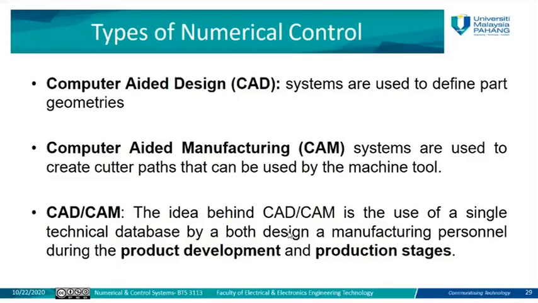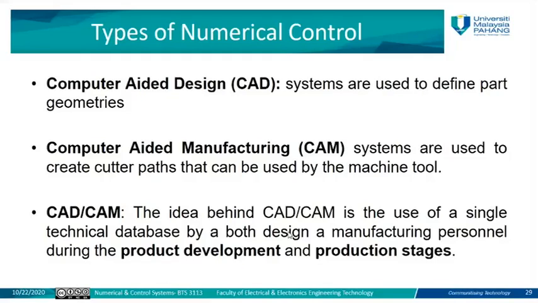For that, there is one system they call CAD-CAM, and this is one of the most common computer-aided manufacturing systems. CAD-CAM combines both the design part and the production part. So in this case, you have a database for your design and a database for your product. The operator, the person who will give the command to the machine to produce your product, will perform the two stages together: first design, then convert the design into product.